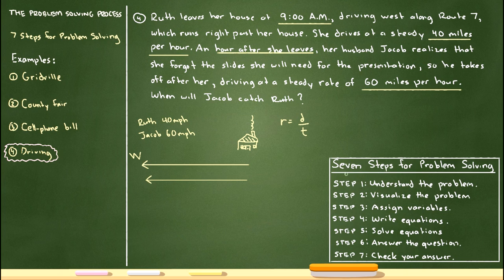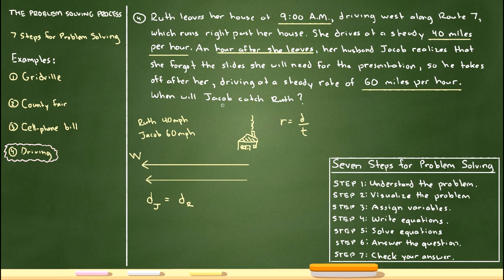Now let's see. When Jacob catches Ruth, what can we say about their distances? Okay. We could say that the distance that Jacob traveled is equal to the distance that Ruth traveled.